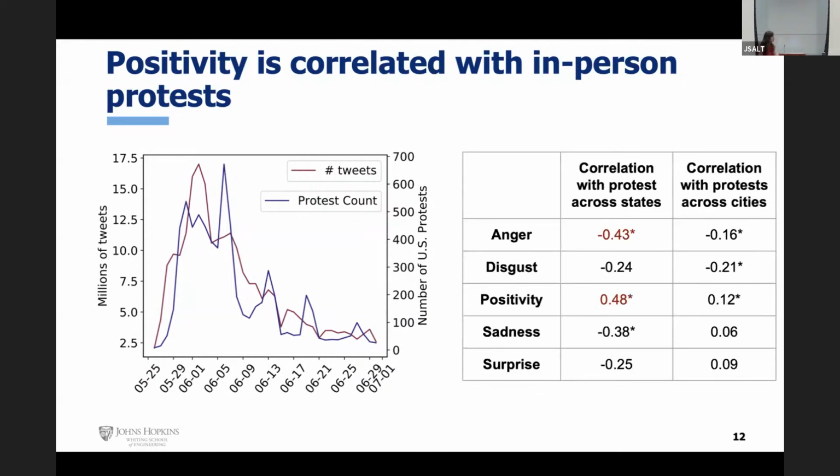And when we do this, we do see correlations: in US states and cities that had more positivity expressed on social media, there were also more in-person protests. On the other hand, there's the opposite correlation for anger: in US cities and states where there was more anger expressed online, there was lower volume of in-person protests.